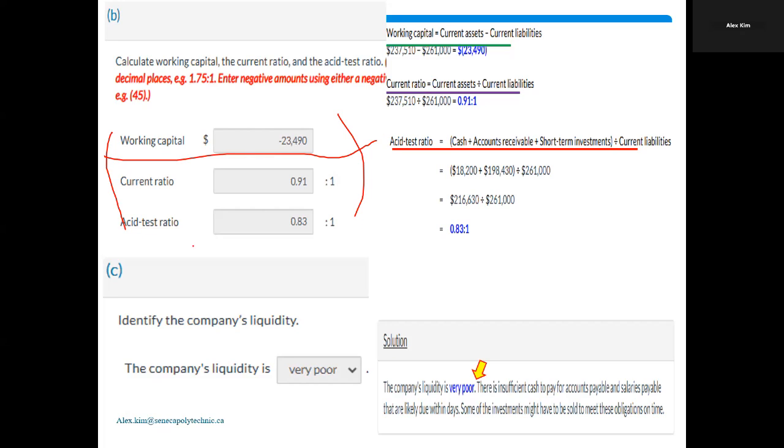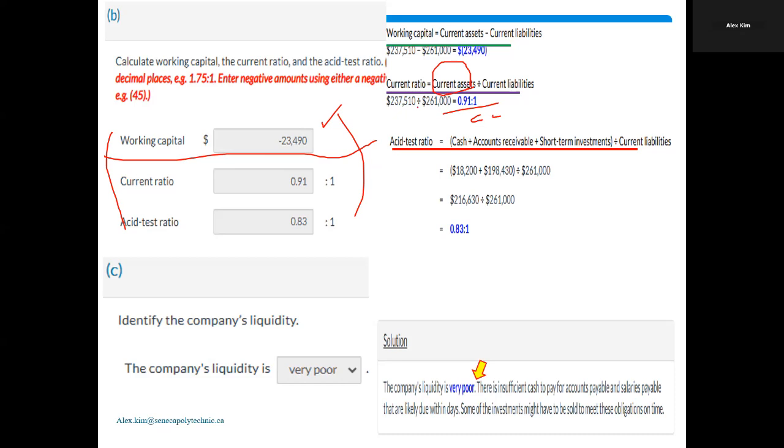Working capital is current assets after deduction of current liabilities: how much balance is available? Then the current ratio: does the company have enough current assets to cover current liabilities?